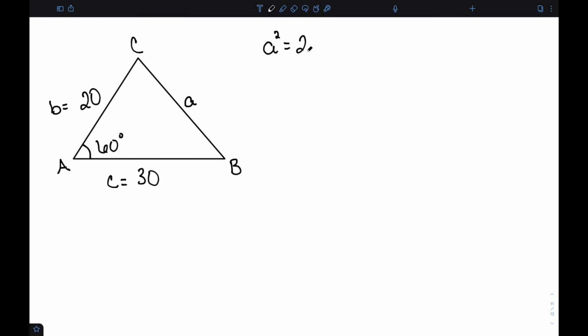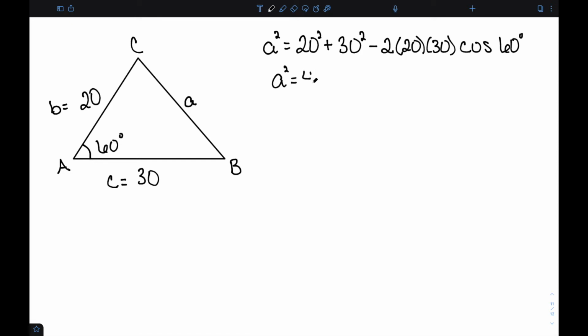And that's equal to b squared plus c squared minus 2 times b times c times cosine of angle A. This gives me that a squared is equal to 400 plus 900, and if we type this last expression into a calculator, we get that 2 times 20 times 30 times cosine of 60 is 600. 400 plus 900 is 1300, minus 600 is 700.